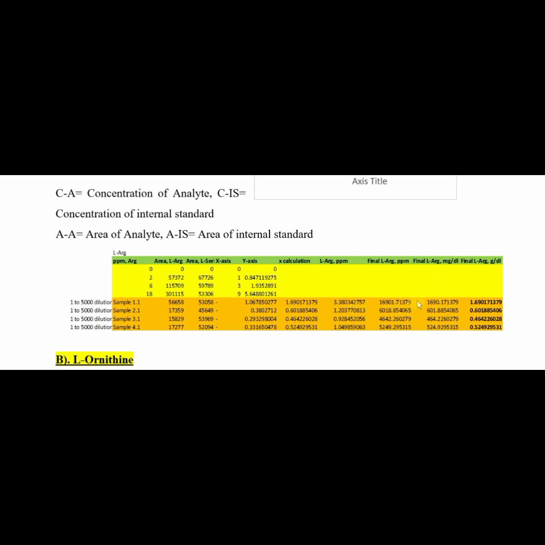Then ppm was changed to milligram per deciliter, meaning these values were divided by 10, and again divided by 1,000 to obtain the concentration in gram per deciliter. So these are the values in gram per deciliter.